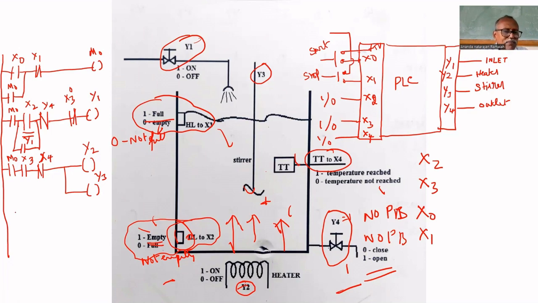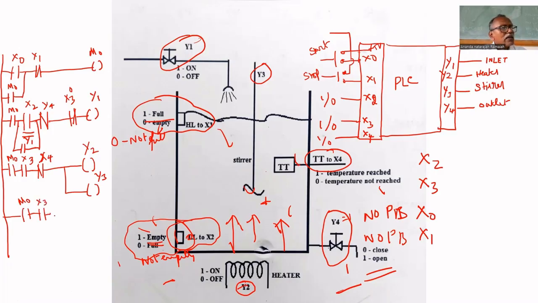So we need a timer. How to turn on the timer? When do we have to turn on the timer? To turn on the timer, M0 must be 1. Tank must be full, X3.